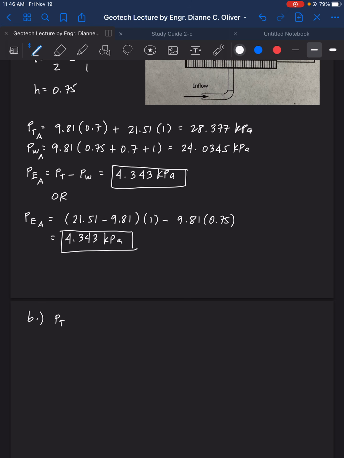So P total at point B is gamma of water 9.81 times 0.7 plus the total height of the soil, sorry. So the gamma sat 21.51, the total height of the soil is 2.